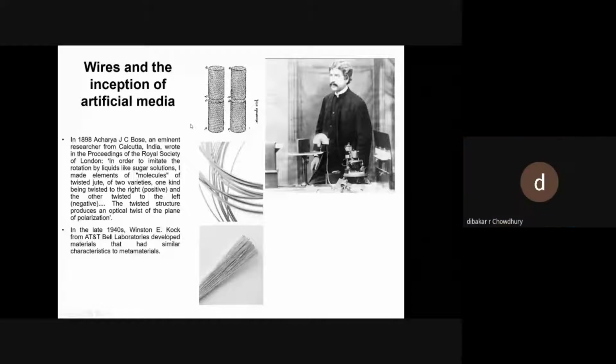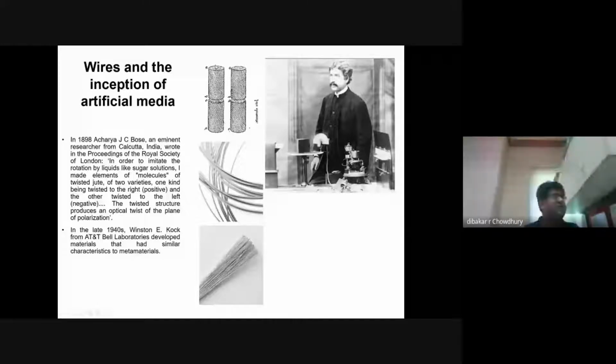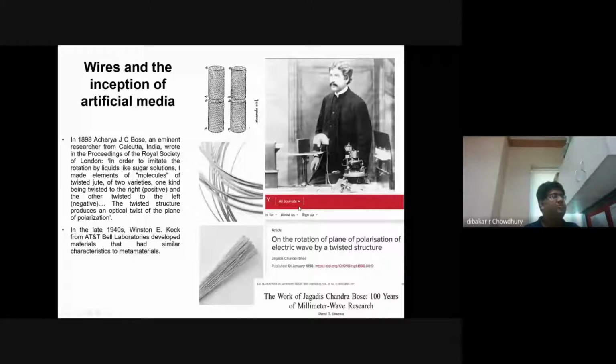He took a bunch of jute and put it like this. And when he launched light, in his case microwaves, and it coupled in at one end, when it came out of the other end, he found that the light was actually polarized. So this is probably the first demonstration of an artificial medium.